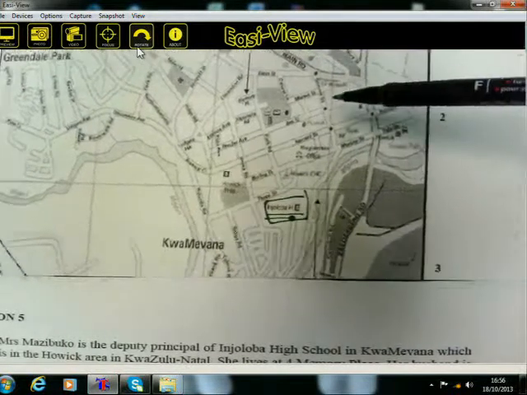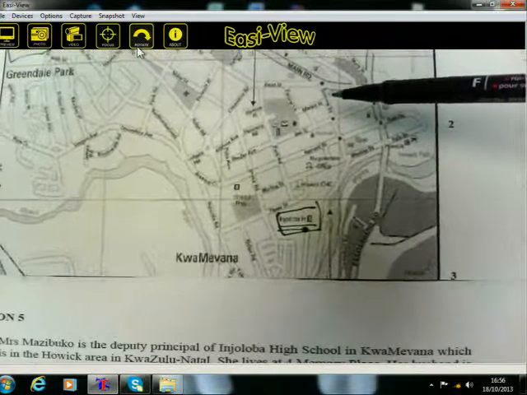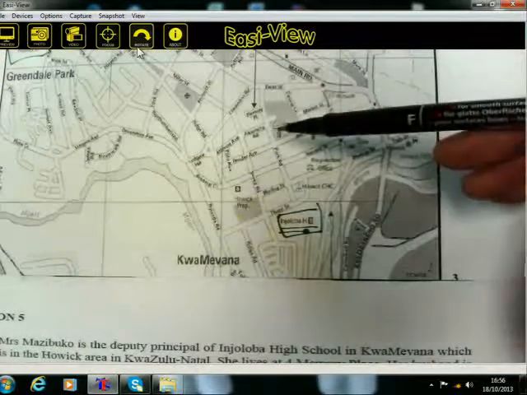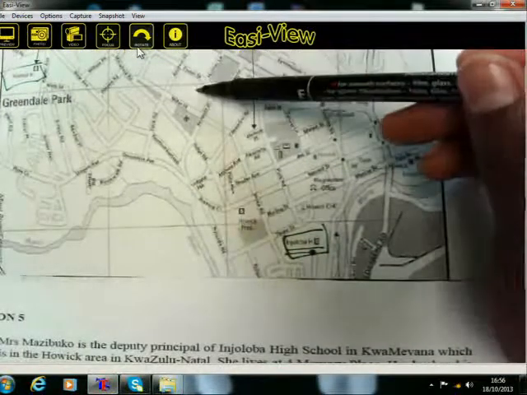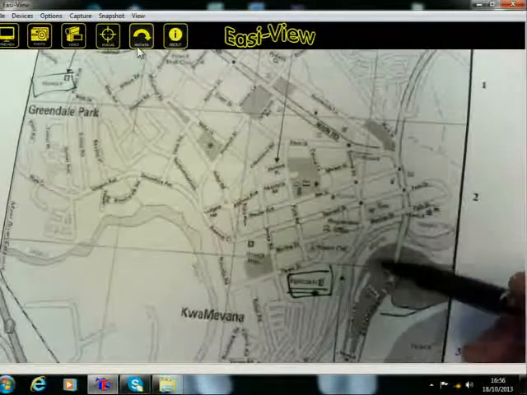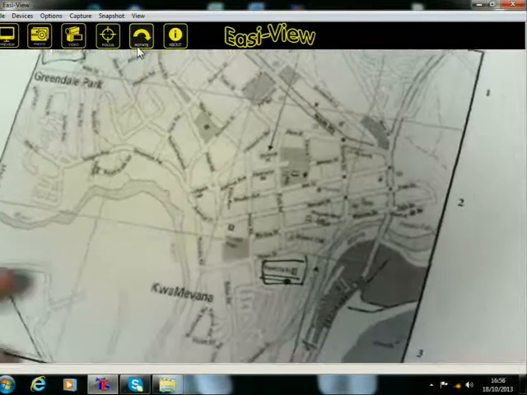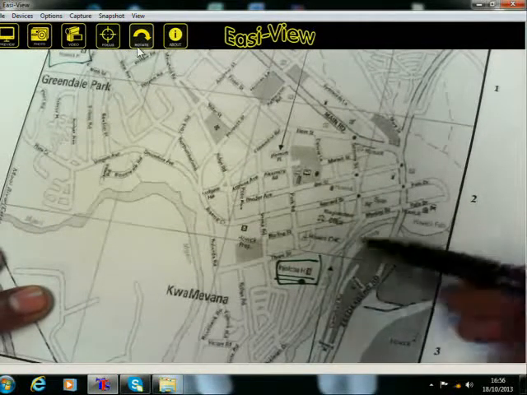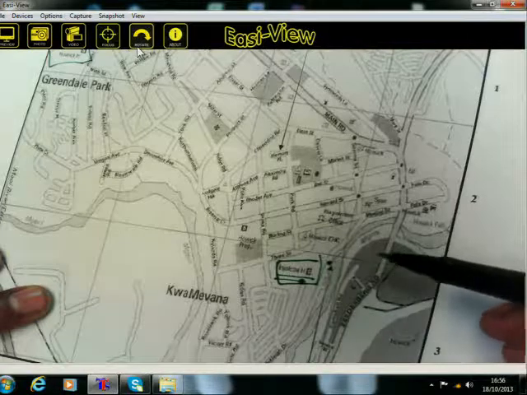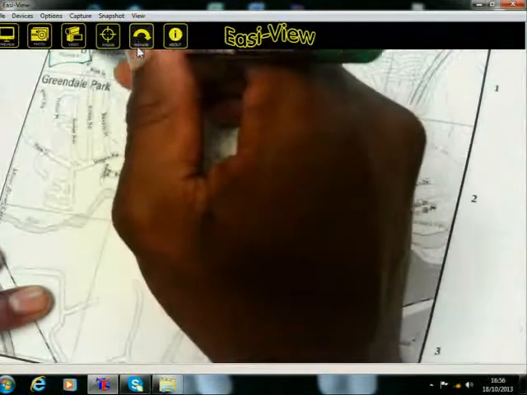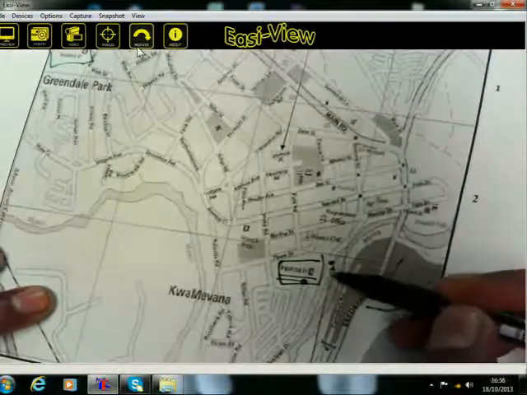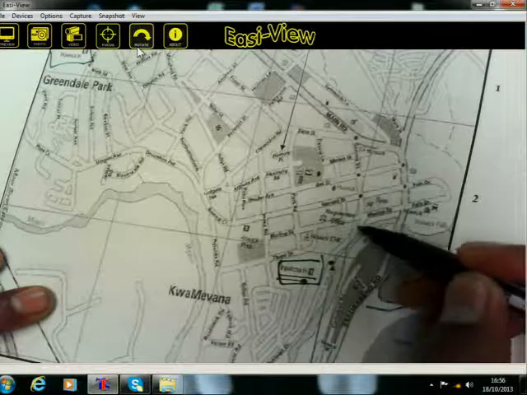Let's see, where is our main road? Let's look at the entrance of Howick. Here is the entrance of Howick. Where are we supposed to go? We must go here. How are we going to get there?